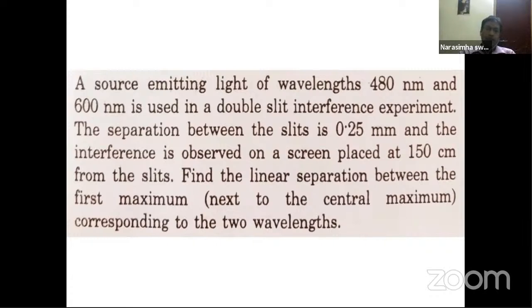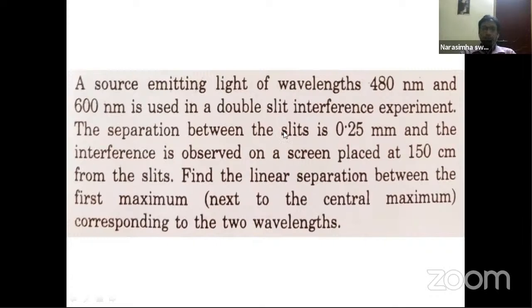So what is being asked? Find the linear separation between the first maximum corresponding to the two wavelengths. I hope you understood. The source emits two wavelengths, 480 and 600 nanometers, in a double slit interference experiment.